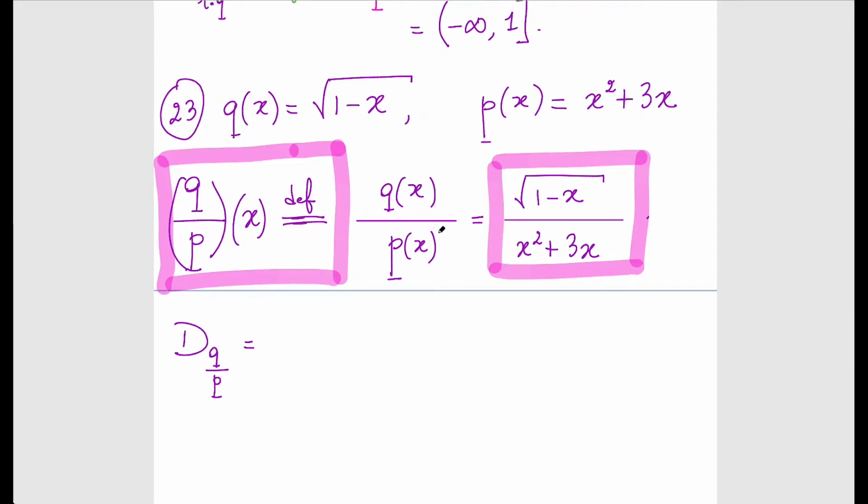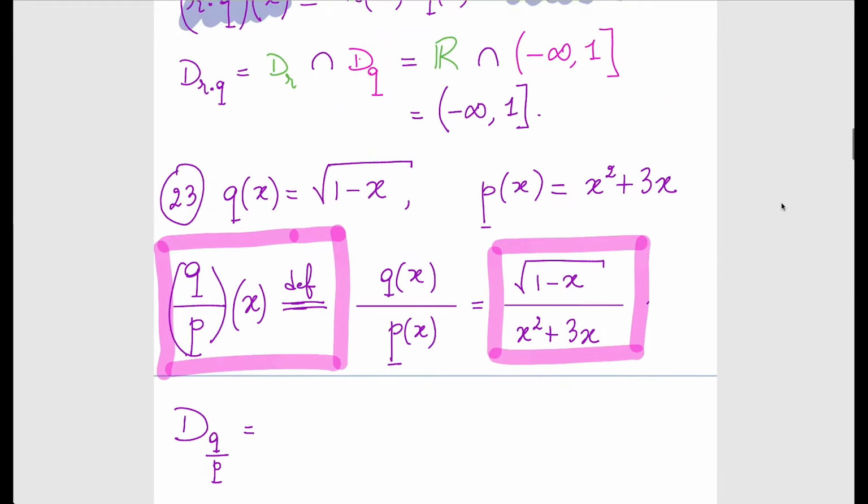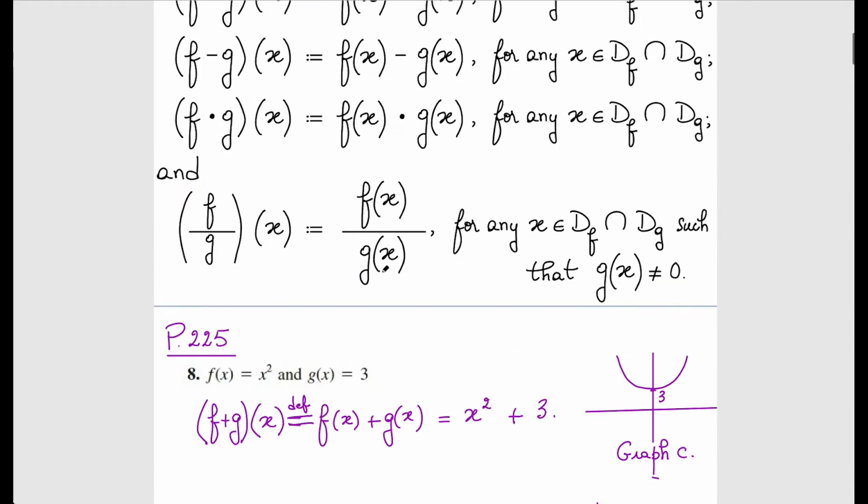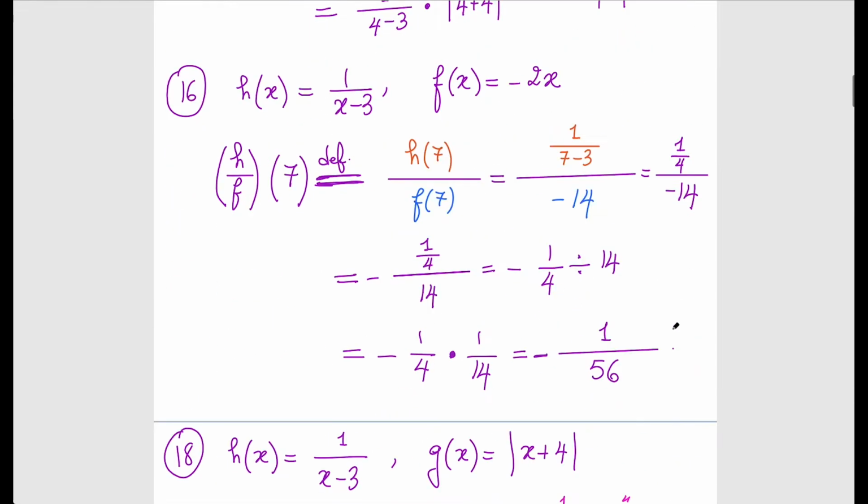So these are the three conditions. These were discussed over here. For the domain of a quotient function, you can only input those values which are in the domain of F for the numerator to be meaningful, and in the domain of G so that the denominator is meaningful, and the denominator should not be 0, right? Okay.